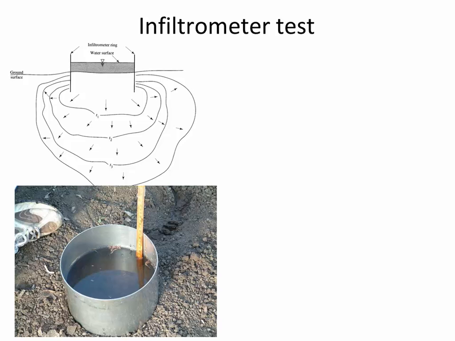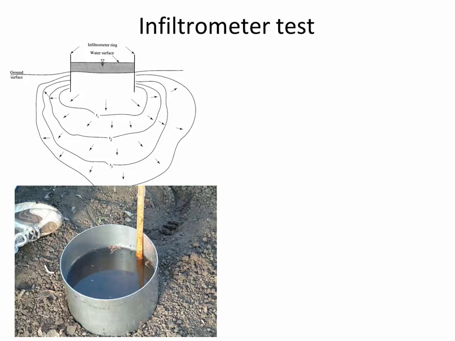At time 2, it's getting deeper and wider and so on. So there's a constant head infiltration test, or there can be a falling head infiltration test. And in the falling head test, you don't keep pouring water in. You'd use some sort of a gauge to measure how quickly the water level is declining. So that's the easiest thing to do, a single ring falling head infiltration test.